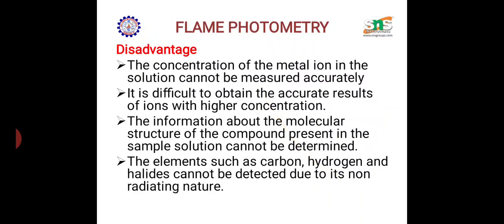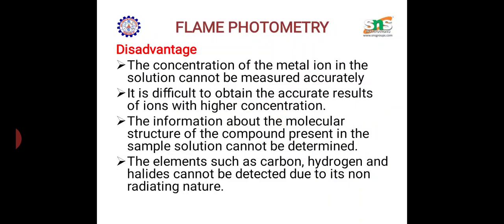Apart from this, there are some disadvantages. The concentration of the metal ion cannot be measured very accurately. Higher concentration solutions cannot be properly determined by this method. Molecular structure information cannot be identified, only the type of metal present.